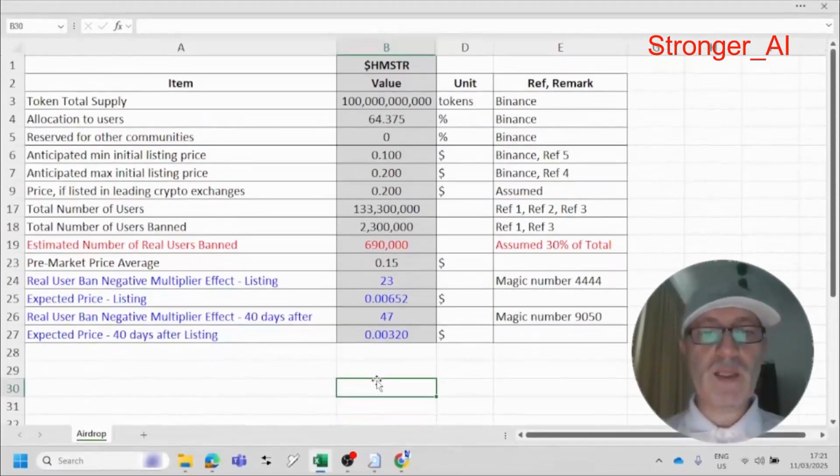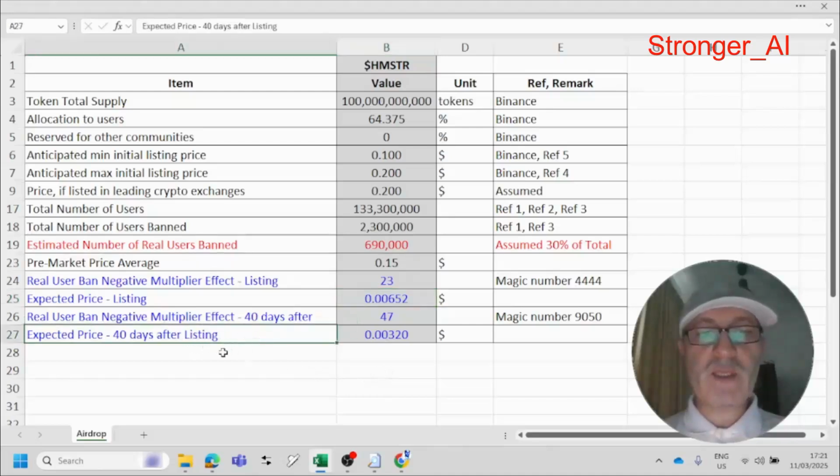But on the listing day, the price dropped to $0.00652. You can check it in the historical data of the Hamster Combat. And also, after about 40 days, its price dropped to $0.00320.